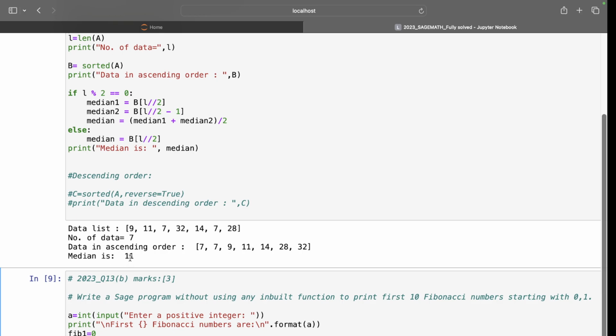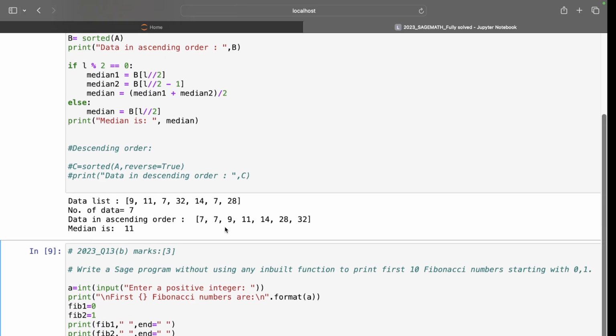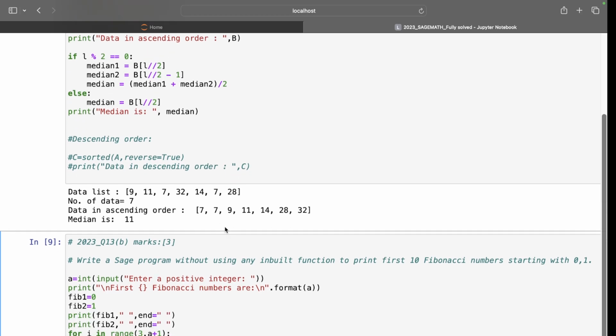So the median is B of 7 double slash 2, which produces the quotient 3, and this is the median.